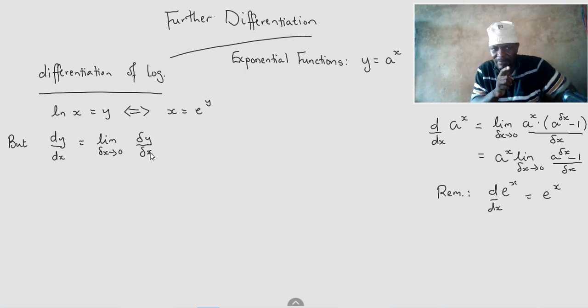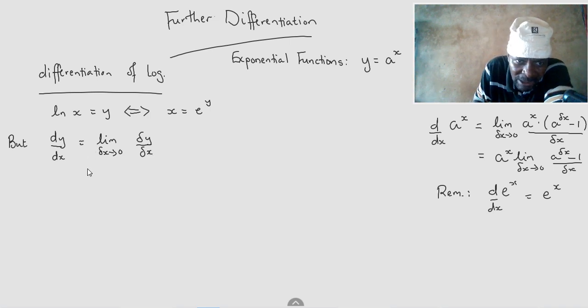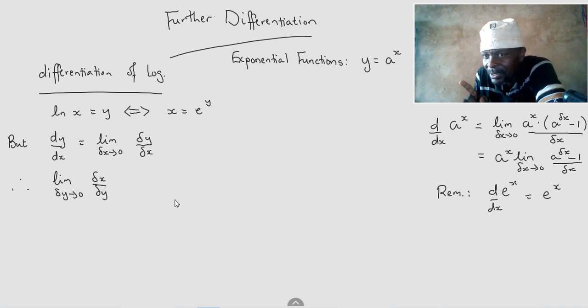If this is the case, it must therefore mean, if you look at what is the limit as this one tends to 0 of y, the small change in y tends to 0 of delta y, delta, not d.